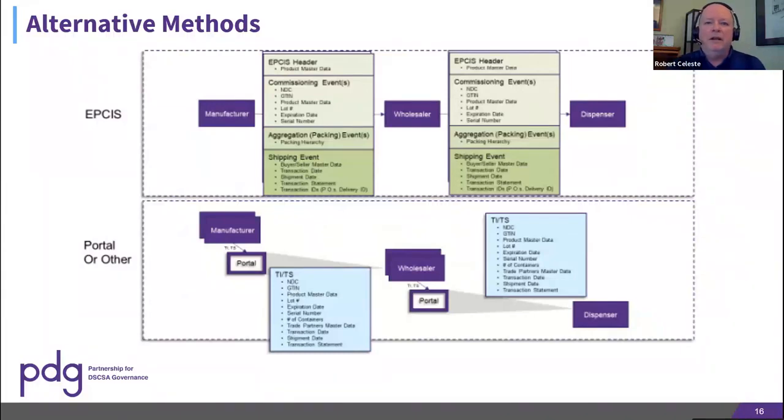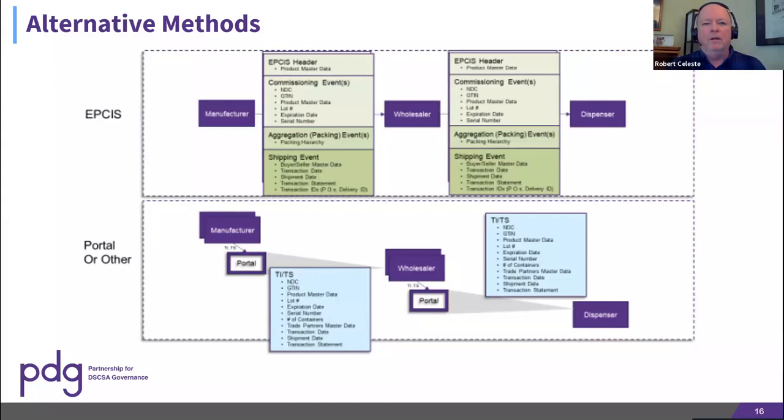Again, the 13 elements for TI are shown in the two ways that we have realized for moving TI and TS data. EPCIS in the above diagram, and again, seeing that those 13 elements spread across the three different EPCIS events of commissioning, aggregation, which is packing, and shipping events.